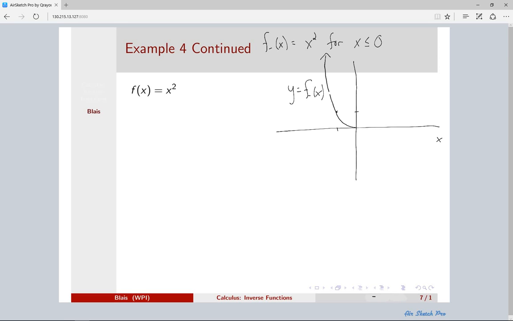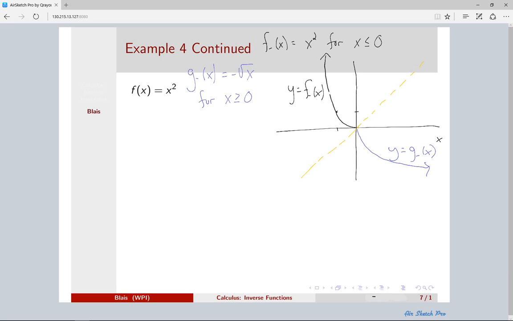Well, we want to invert again about the line y equals x visually. So when we do that, we are going to get something that looks like this. So that will be our g minus of x. And that, of course, is none other than the minus square root, for x greater than or equal to 0.